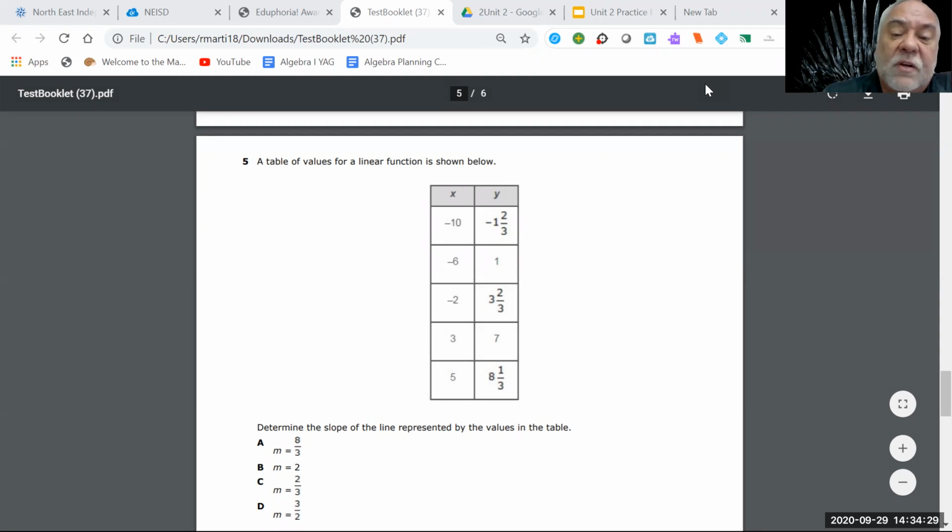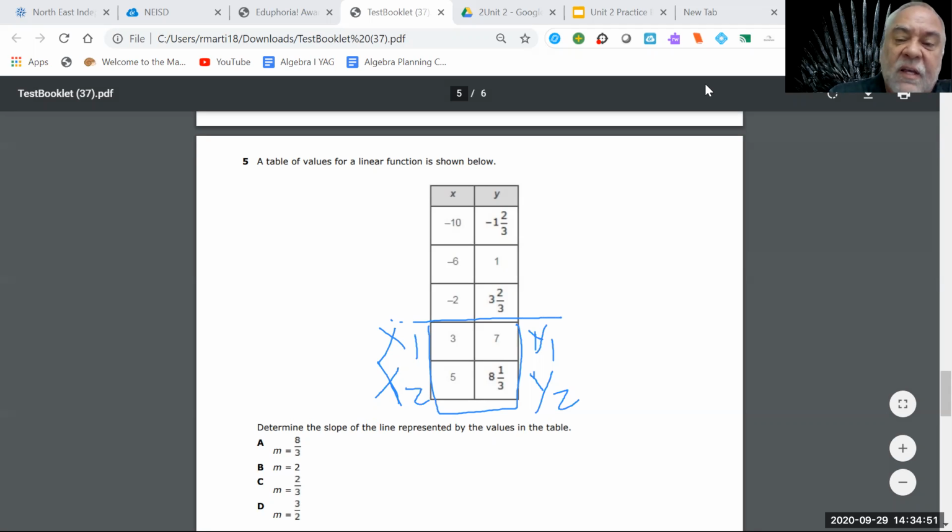So we know slope is y2 minus y1 over x2 minus x1. Just use these, because these are all positive numbers here.